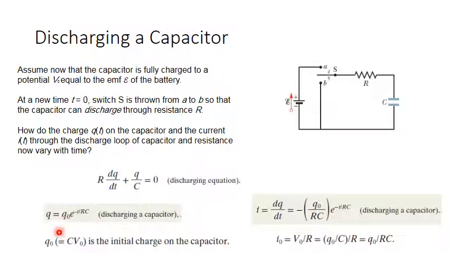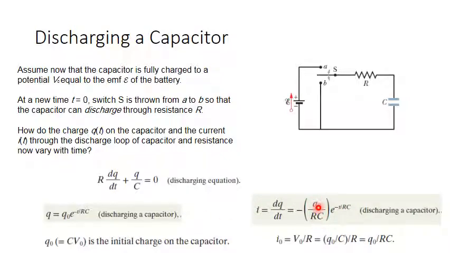Similarly, we can obtain the current. The current would be I equals dq over dt, the differentiation of the charge per time. So by differentiating this value with respect to time, it would be Q naught multiplied by minus 1 over RC multiplied by the exponential term e to the power minus t over RC. So in this case, I would be minus Q naught over RC.